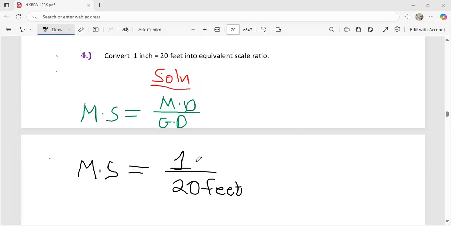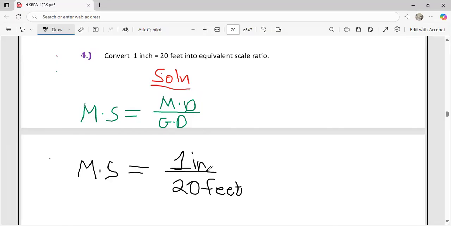And we realize that this one was also in inches. So just as we did for the initial one, we have to do the same thing for this one too.